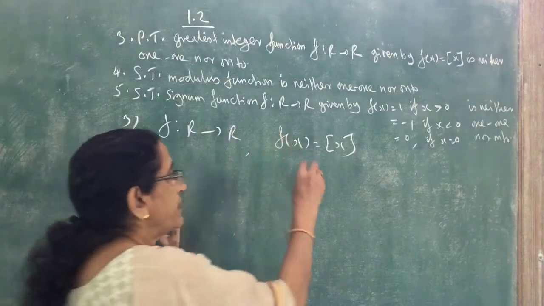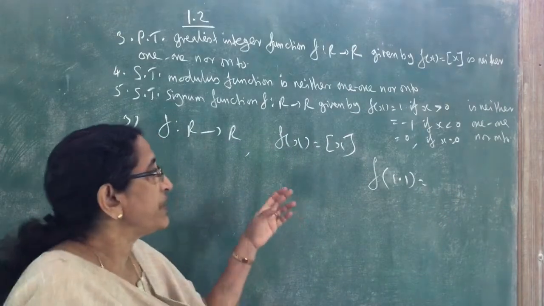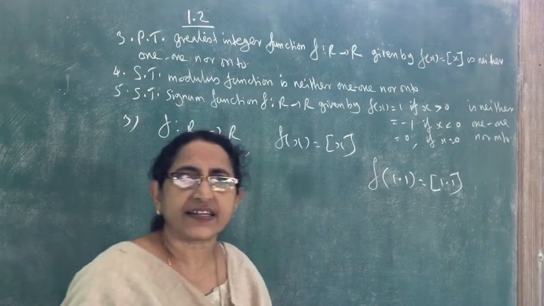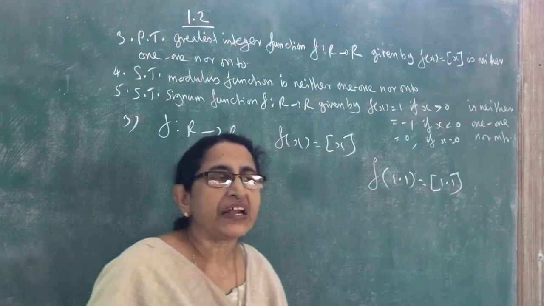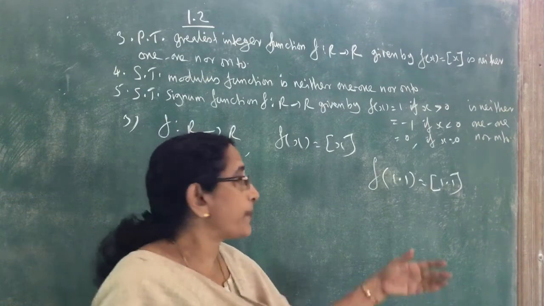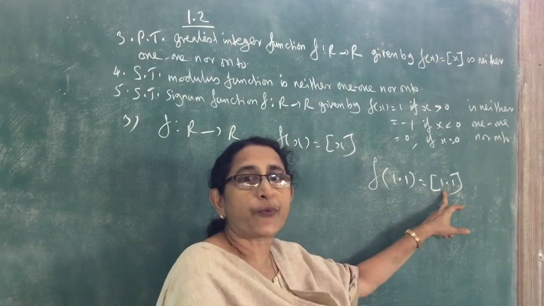For example, f of 1.1, that is equal to greatest integer function 1.1. What is the value of greatest integer function 1.1? That is greatest integer less than or equal to 1.1. We know 1.1 is not an integer. So which is the greatest integer less than 1.1? 1.